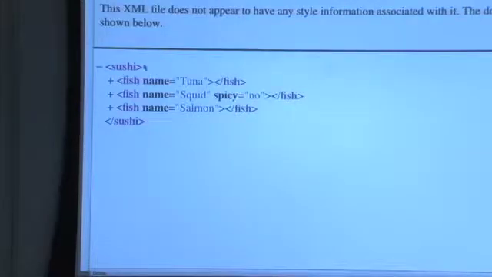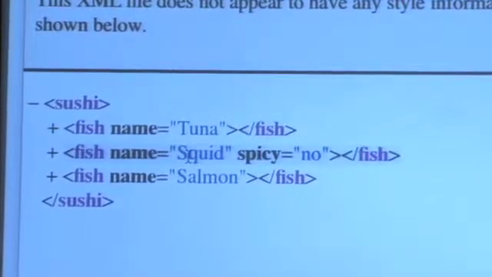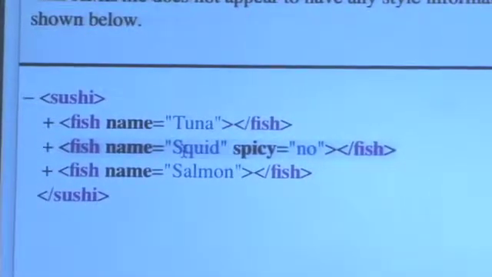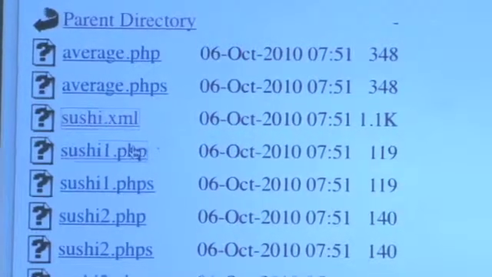Something I want you to take note of is that the second one here has an extra attribute that the other two don't. So XML is not restricting semantically, in that you don't have to have the same attributes for every single child element. So let's take a look at the first example.